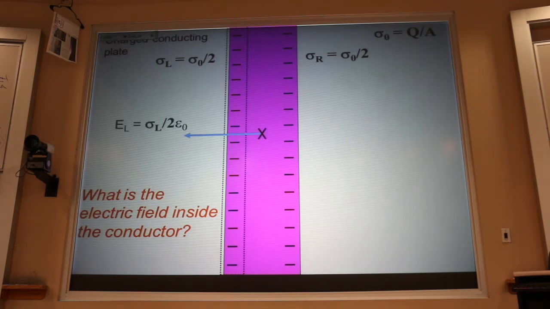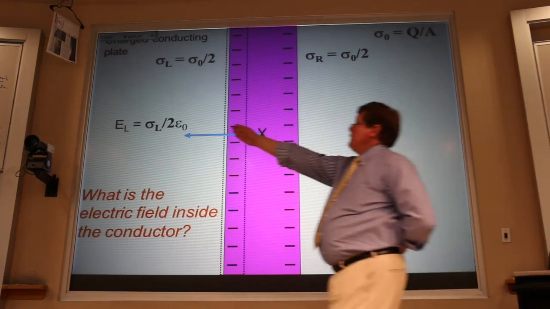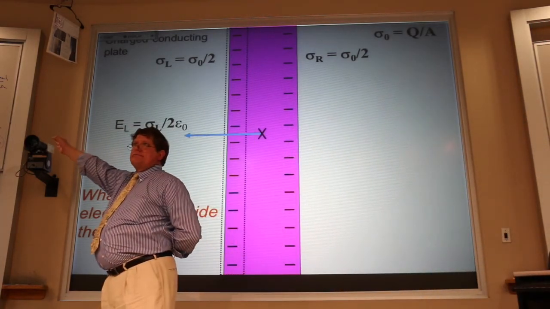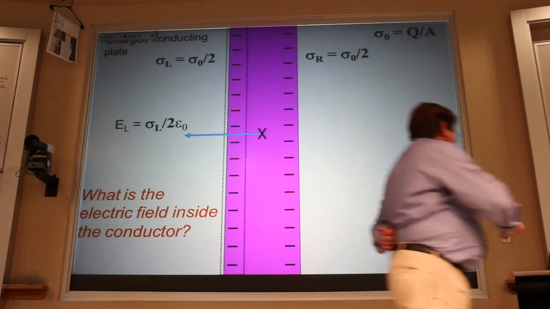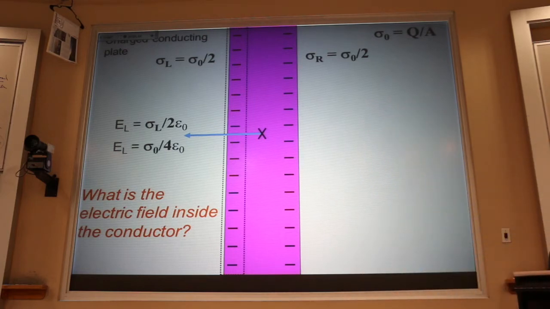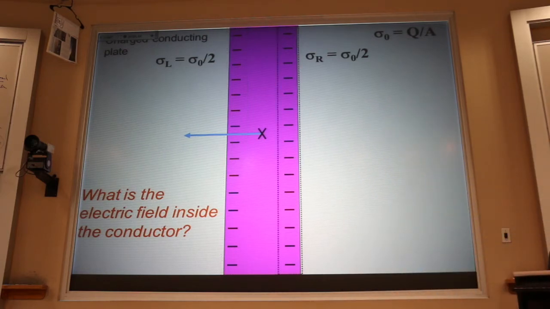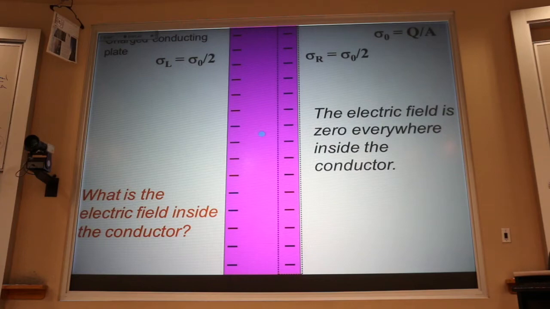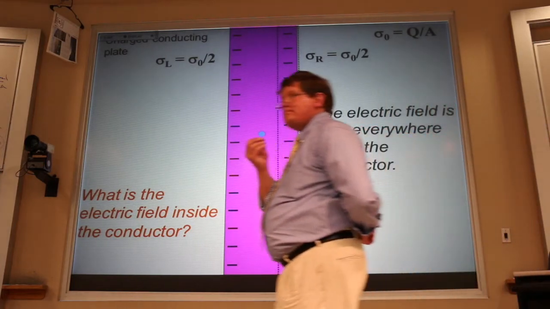And the size of that is given by this formula for a single sheet of charge. If I look at the contribution due to the charge on the right, it's the same size, but in the opposite direction, towards the negative. And I get an E field inside the metal that is 0. And that's the bottom line.